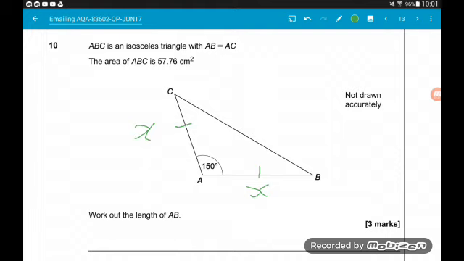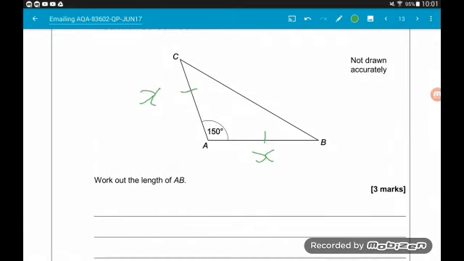Now, we can find the area of a triangle when we know an angle and the two side lengths coming out of that angle. So, the formula is area equals 1/2 ab sine theta.